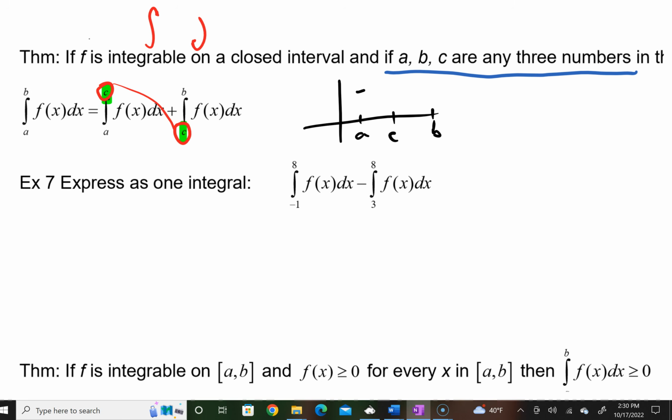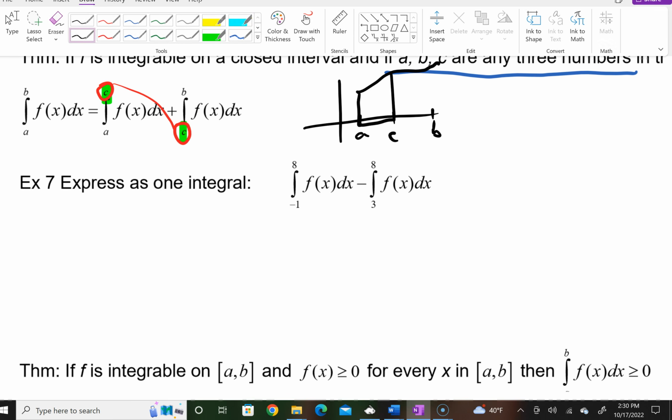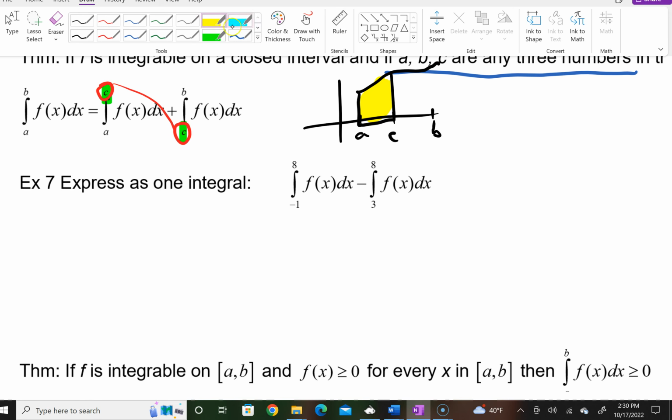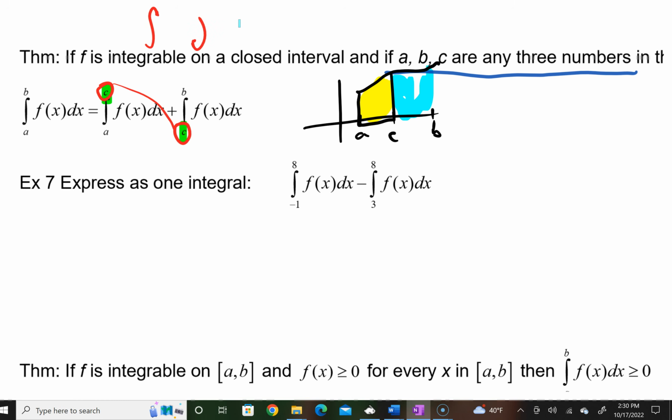And if you had a curve that looked something like this, couldn't you say that the integral from a to c, which might be this area right here, plus from c to b would be right here? You know, if you added those up separately, wouldn't you get the same thing as just going from a to b? Definitely, you can see that. But that might be the most obvious application that you can see.